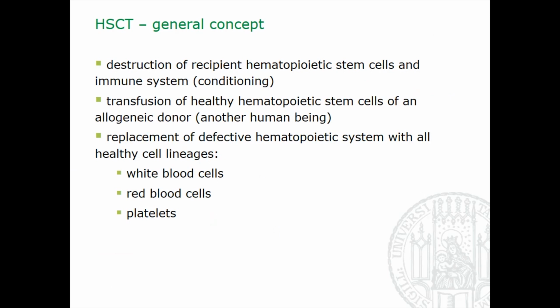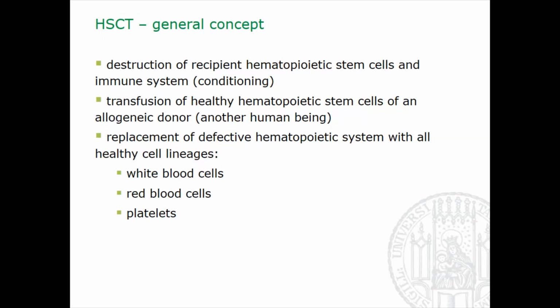So the general concept of a stem cell transplantation, no matter why you do it, is the destruction of the recipient hematopoietic stem cells which reside in the bone marrow and the corresponding immune system that is produced by these cells. And you destroy this by something that we call conditioning, which is usually cytotoxic chemotherapy, and I'll come back to that.